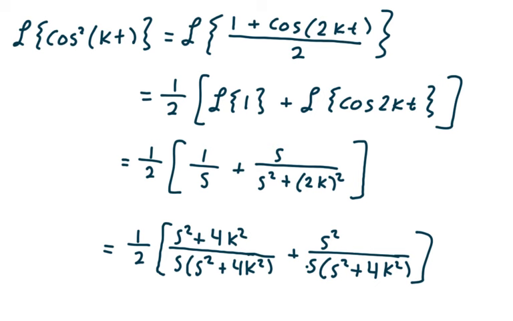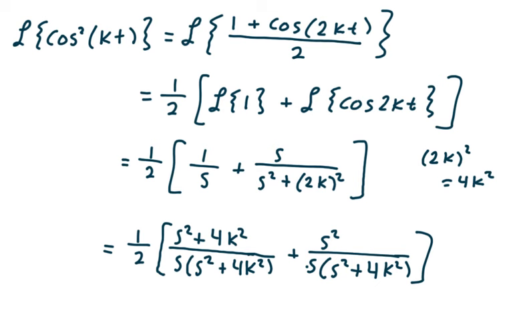Okay. Now, we just get to do a little algebra, getting a common denominator, right? And also remembering 2k raised to the second is just 4k squared, right? 2 times 2 is 4, k times k is k squared.